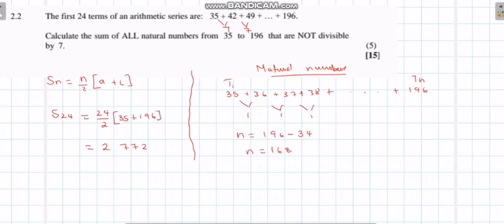So in this case, we can still use our formula with a plus l.